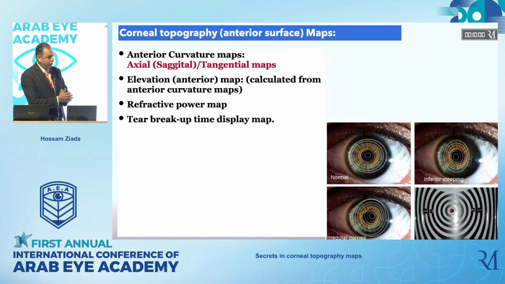So if you need to be more meticulous and to detect early abnormalities, you have to ask for the tangential maps, not the axial maps, because the tangential maps will calculate the surface of the cornea or the back of the cornea at very close and very minute points.